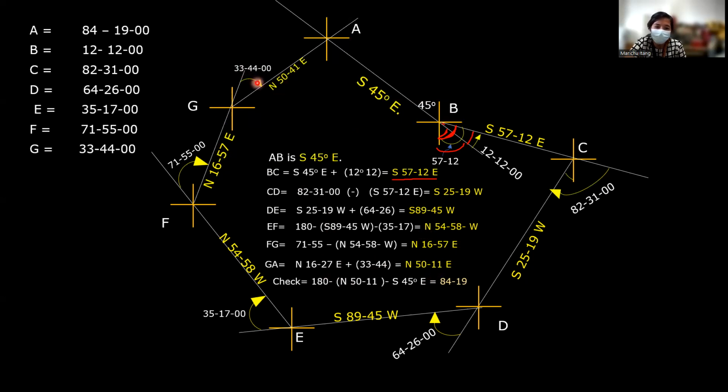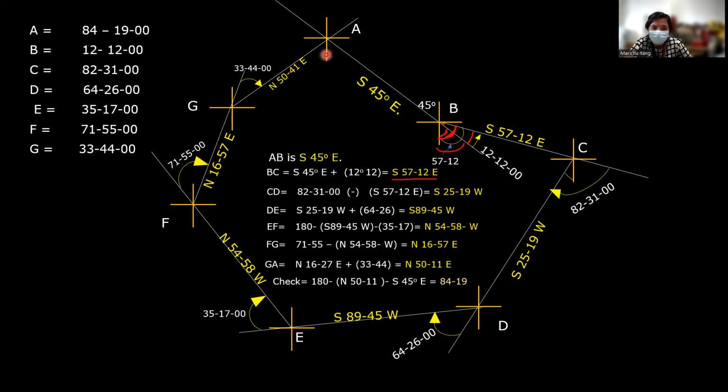Okay. So, to check if you got the correct answer, you can end here. And then, 180 minus 50. Let's double check our 84.19. So, if we have 50 degrees here, 41 minutes, right? This is our 50 degrees, 41 minutes. Minus our 45 from earlier, this one.